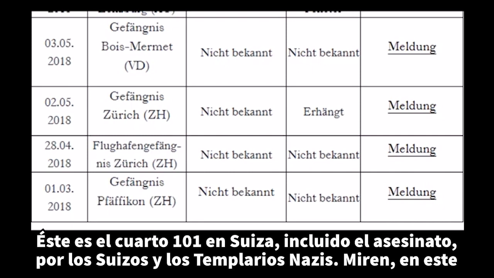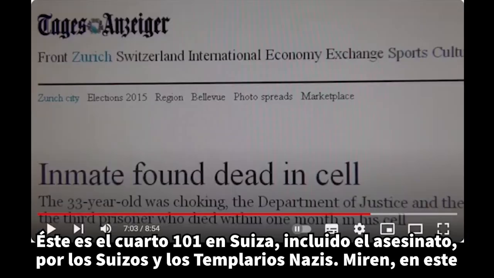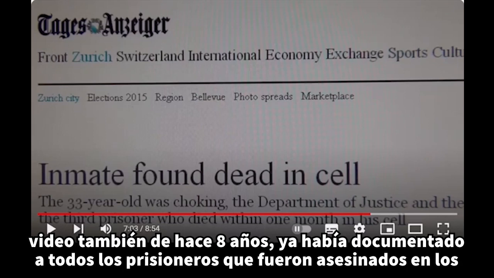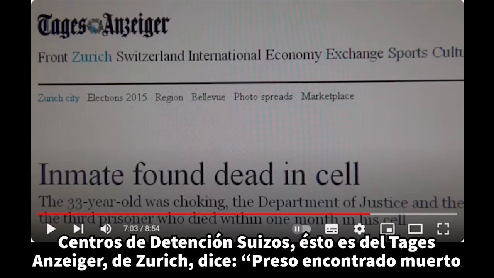Murder Incorporated by the Swissies and their Nazi Templars. Here, look, in this video too, from 8 years ago, I already documented all the prisoners being murdered in Swiss detention centers. Here it is from the Tagesanzeiger from Zurich.